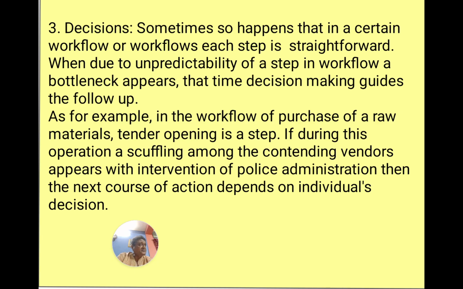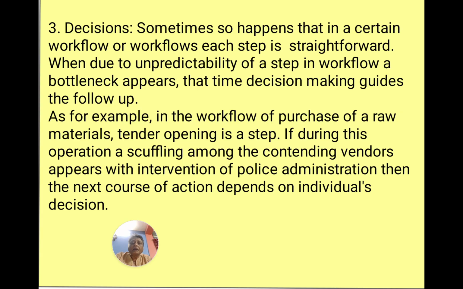And if he is successful in overcoming the bottleneck, then that is recorded, and if in future any such kind of bottleneck appears, his decision would be materialized there to make the process or workflow smooth towards the end. That is, the product will be produced without any further hindrances.